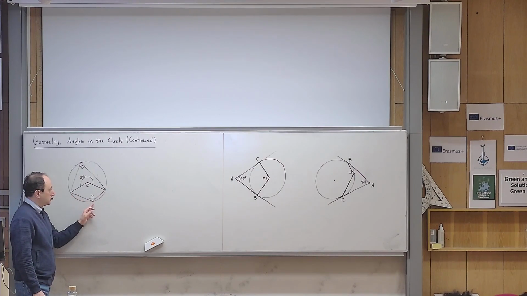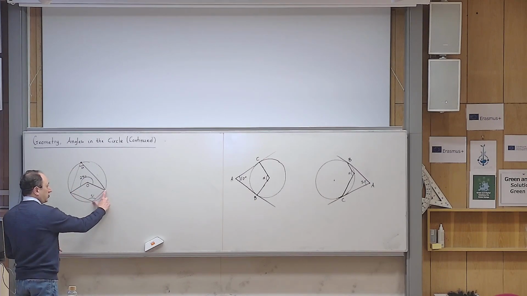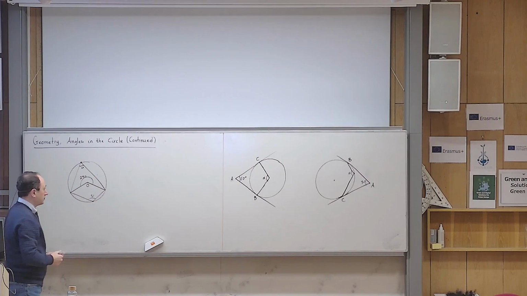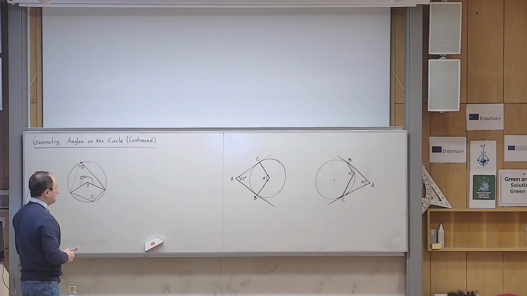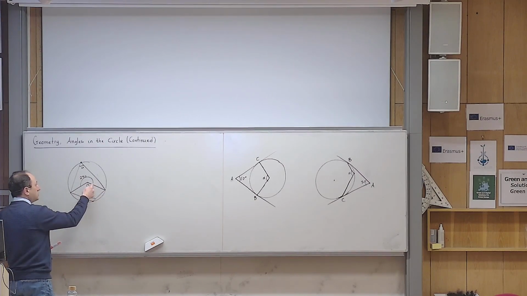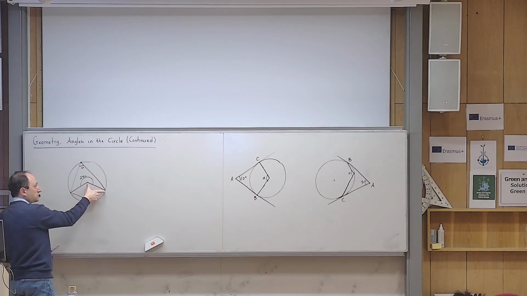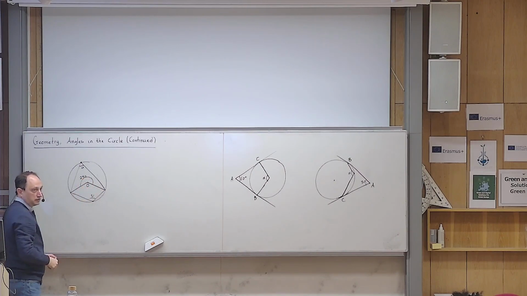Because the vertex is on the circle and the arms are chords, V is an inscribed angle. But if I ask you what type of angle this other angle is, because the vertex is the center and the arms are radii, this is what we call a central angle.